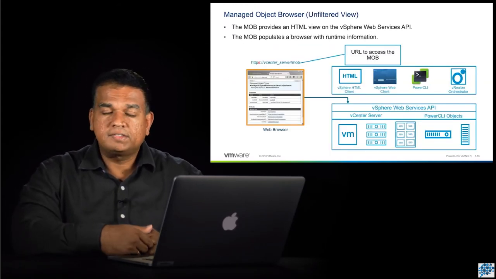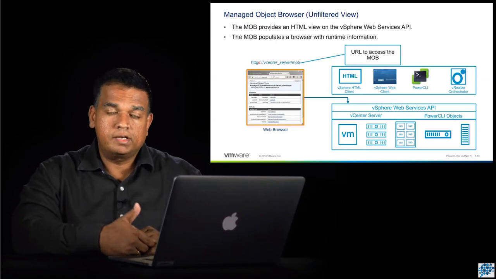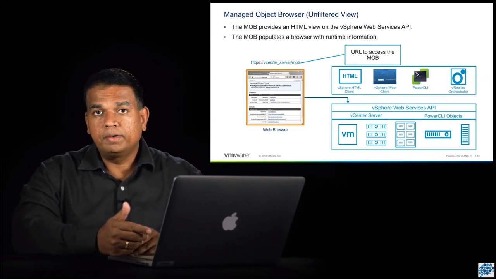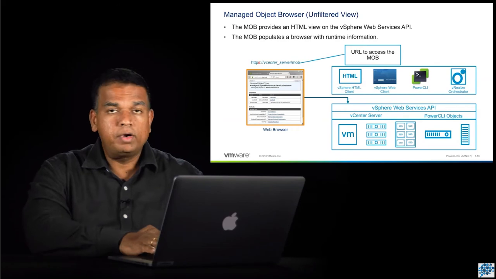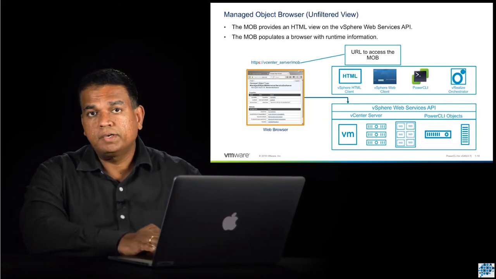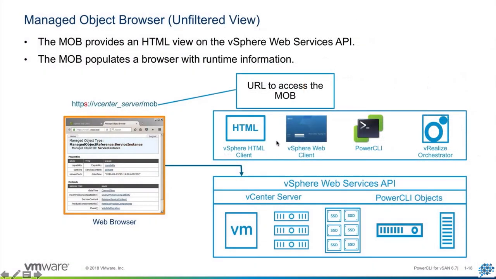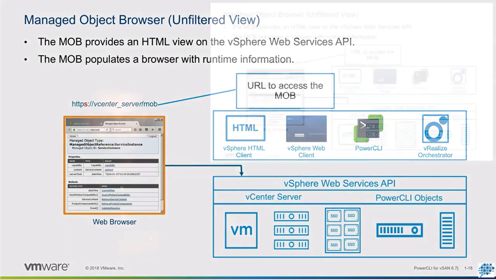How do we access the Managed Object Browser? It is relatively easy. You just have to open your web browser and point it to the FQDN of the vCenter server, which is shown here. You start with HTTPS because it's a secure channel, and type in your vCenter server FQDN /MOB, which stands for Managed Object Browser, and it will open a web page showing the contents of your vCenter hierarchy.